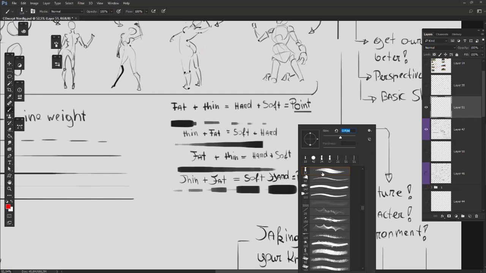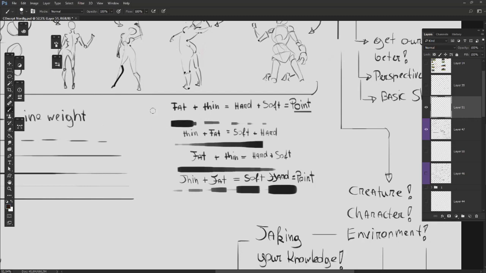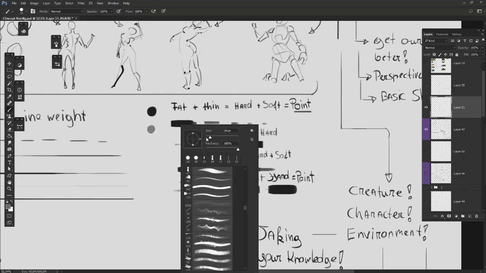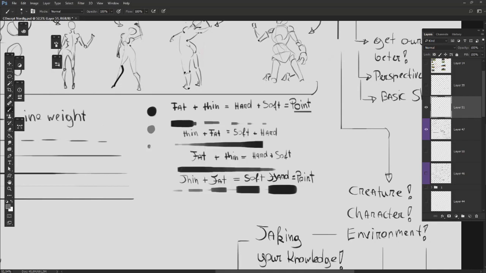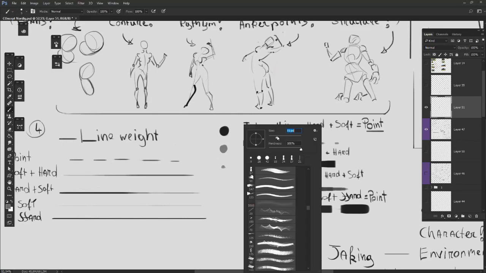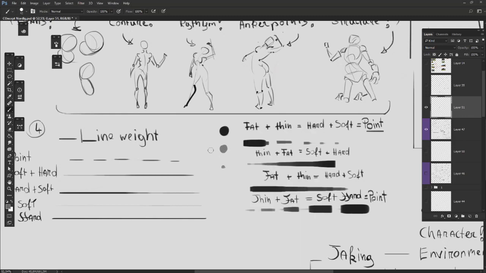So let me actually add those things here. This is big, this is medium, and this is small. And you stay non-stop in those brush areas. You never change it to different sizes. You always know, okay, that's 42. Okay, I'm going to start with 42.